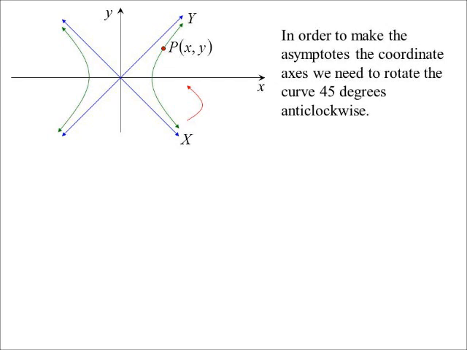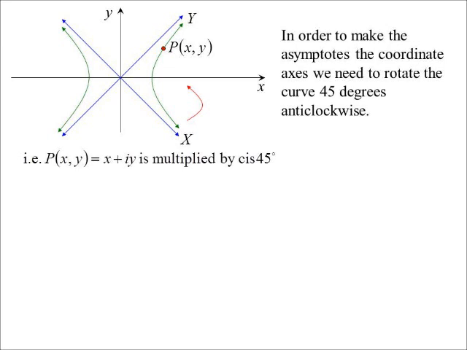Well, back in complex numbers, if we now think of this as an Argand diagram, instead of P just being a point on the hyperbola, let's think of it as a complex number. If I wanted to rotate 45 degrees, then I would multiply by cis 45.